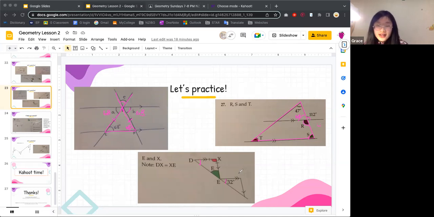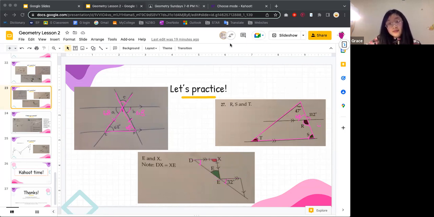So it's a good idea to go around the diagram, labeling whatever angles you can figure out, even if it's not the one the question's asking for. So for example, this one, you know from corresponding angles that this angle is equal to 32 degrees. And while it might not be in the question, it's actually going to be quite helpful for us.